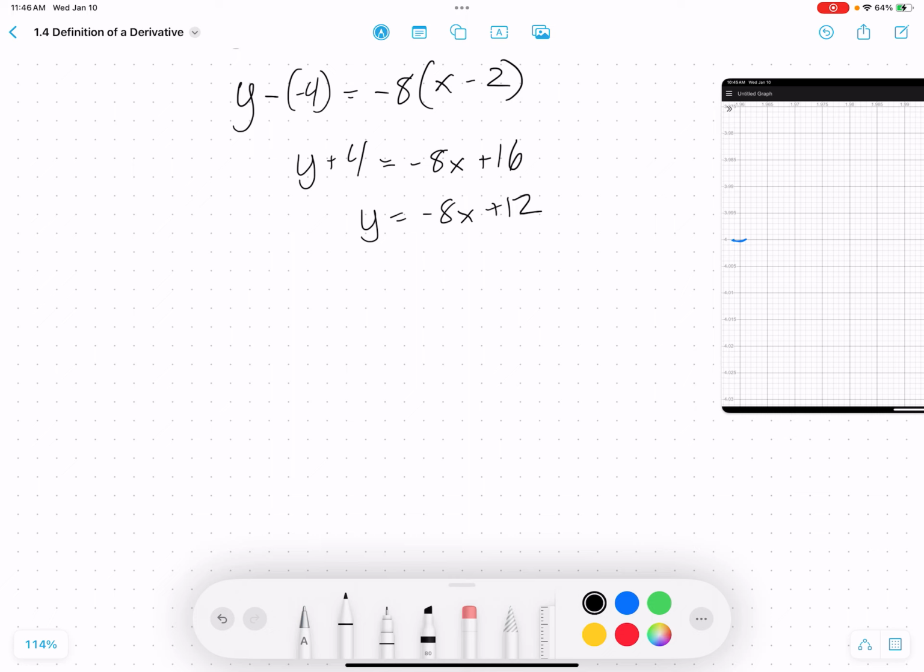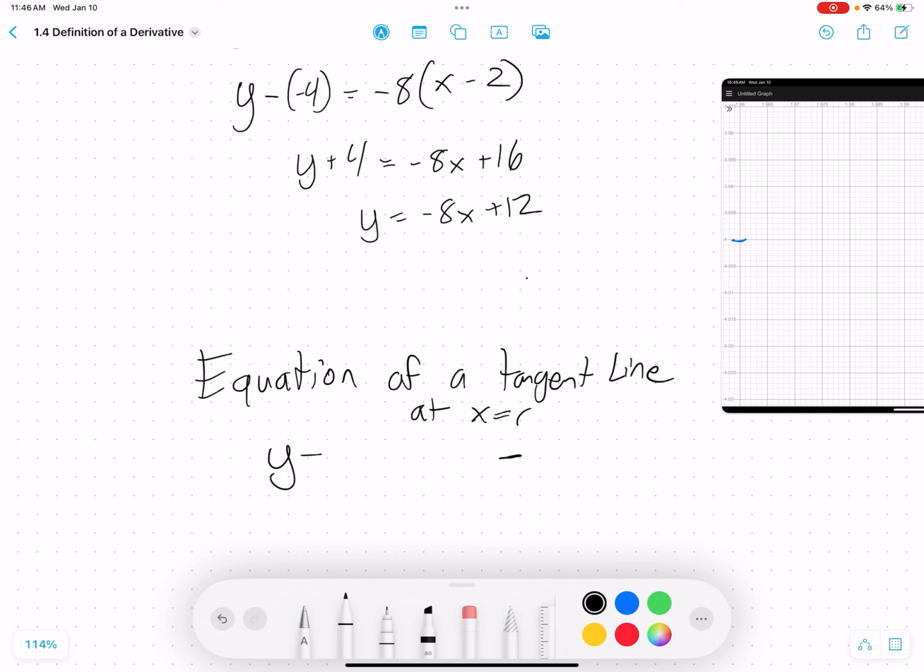So to sum up, to find the equation of a tangent line, you just use the point-slope formula. With tangent lines, we'll always give you a specific x value. So let's say an arbitrary value of c.